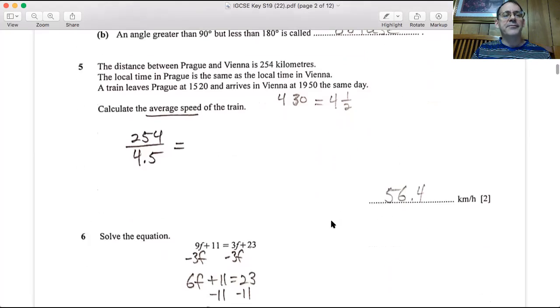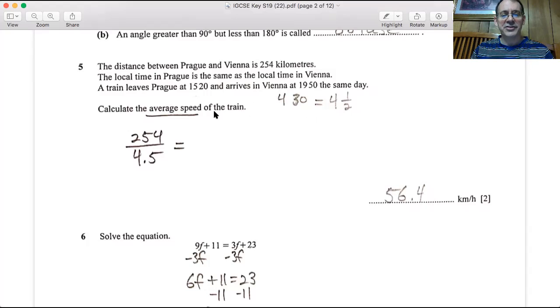Number 5 says the distance between Prague and Vienna is 254 kilometers. The local time in Prague is the same as the local time in Vienna. A train leaves Prague at 15:20 and arrives in Vienna at 19:50 the same day. So from 15:20 to 19:50, that's 4 hours and 30 minutes.